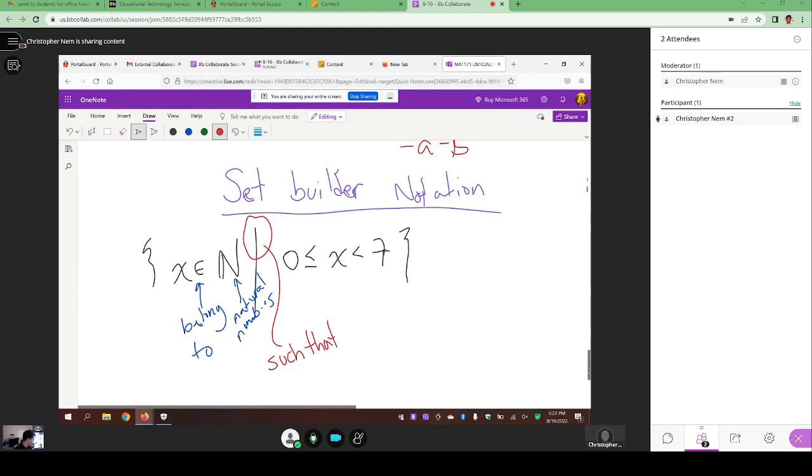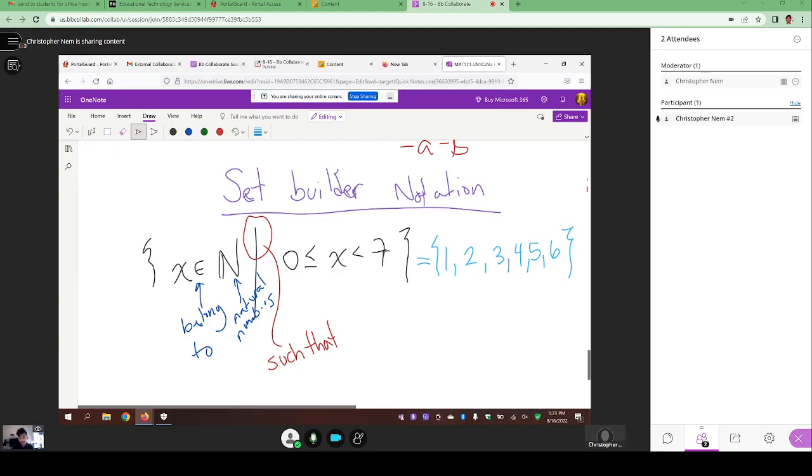If we list out those numbers, this is equal to 1, 2, 3, 4, 5, 6. All of these are natural numbers.